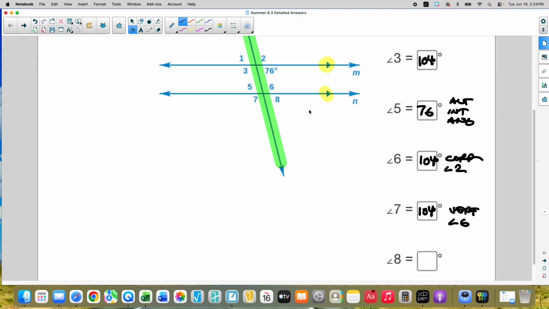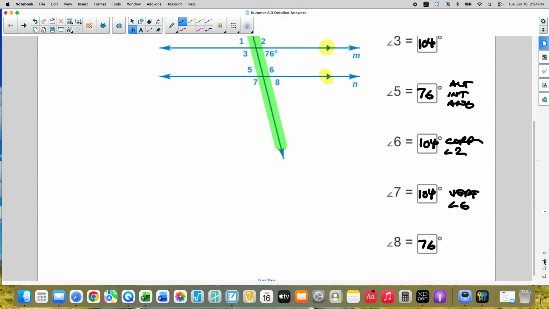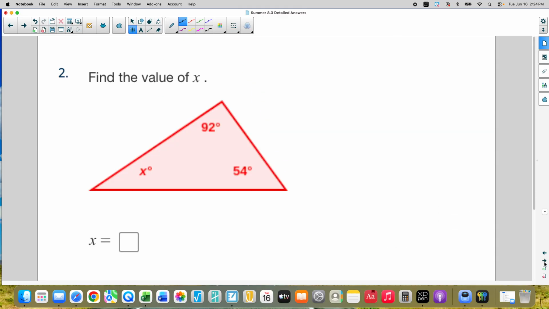So angle 8 is going to be equal to angle 5 because they're vertical. It's supplementary to 6 and supplementary to 7. It is corresponding with 76, and it is alternate exterior with 1. All right? All of those are important that we need to know.